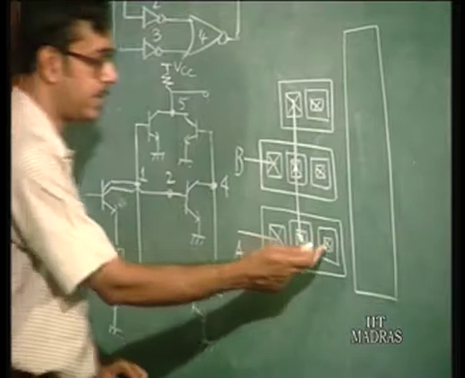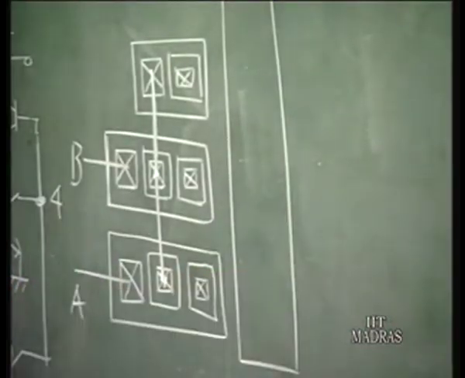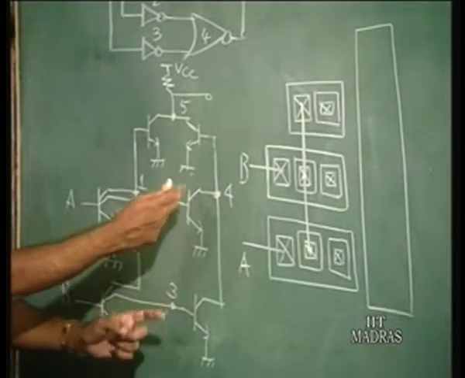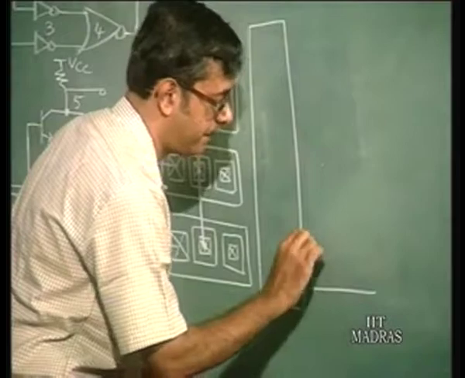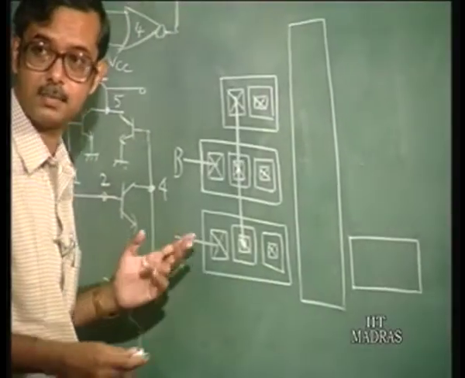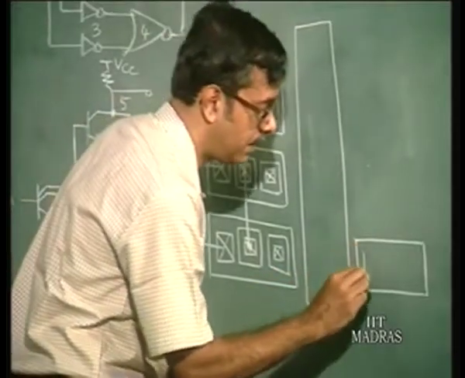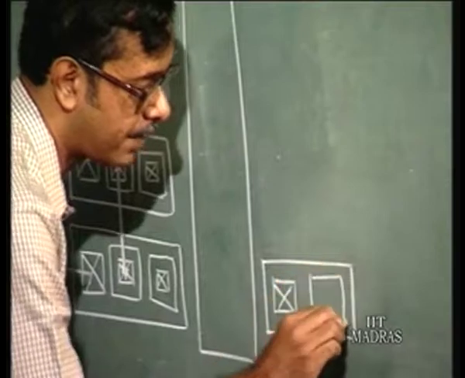So the other collector of these transistors goes to the base of 2 other transistors. So I can draw them like this. And these transistors have just one collector. So one base and one collector.